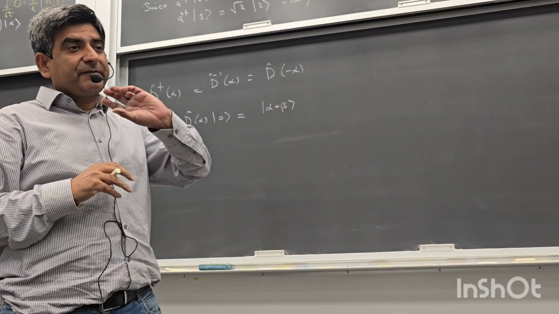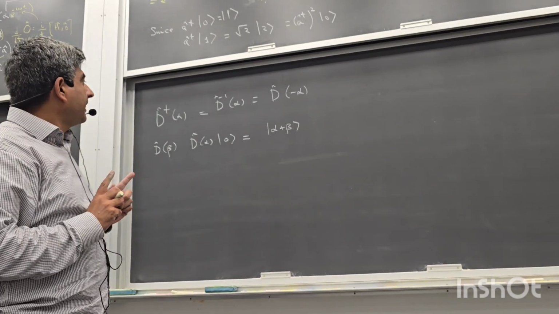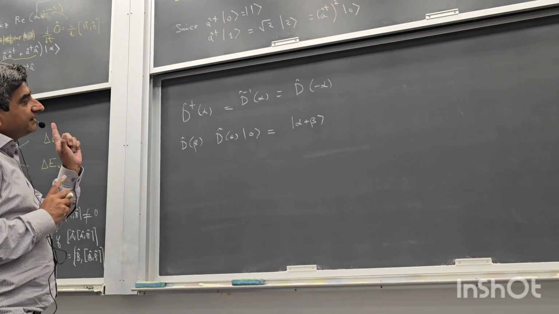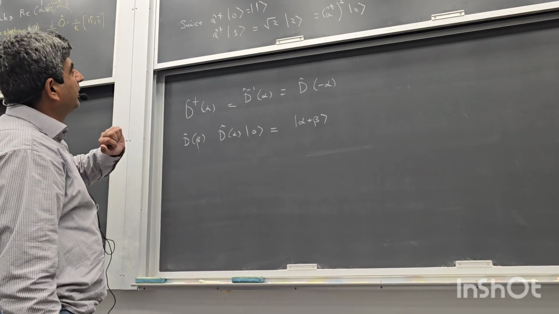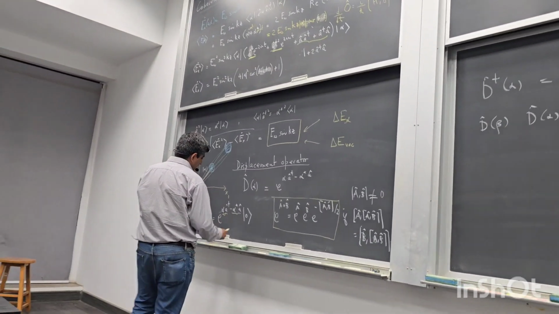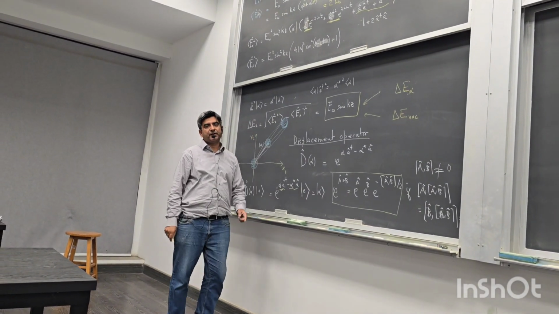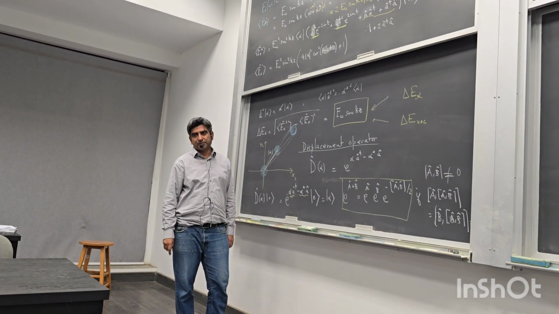So coherent states give you Poissonian statistics when they are detected. And the second definition for the coherent state is that the coherent state really is formed by the action of the displacement operator on the vacuum state.